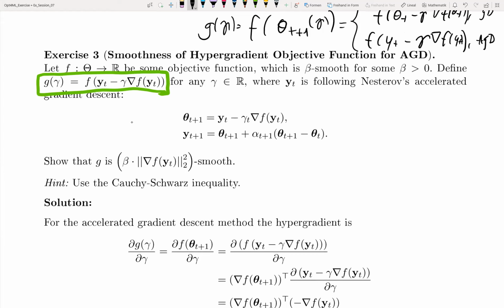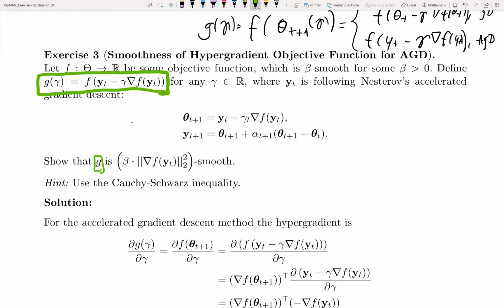So we recall here the accelerated gradient descent by Nesterov. And one statement which I gave in the lecture was that the objective value function you see here, the g, is a beta times squared gradient of the y t, of this look-ahead point in accelerated gradient descent, smooth function.